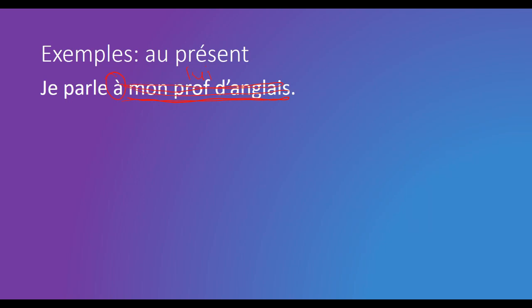So we are really only left with those two words, je parle. As you know the rule, it goes before the conjugated verb unless there's an infinitive. So I'm going to draw my arrow right here, that's where it goes in the sentence. So when I rewrite it, it's going to be je lui parle.